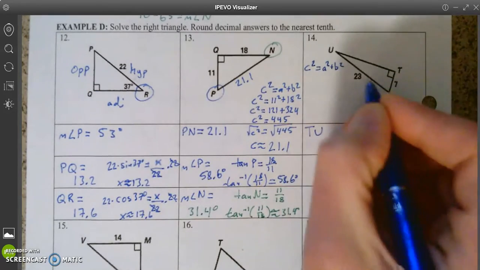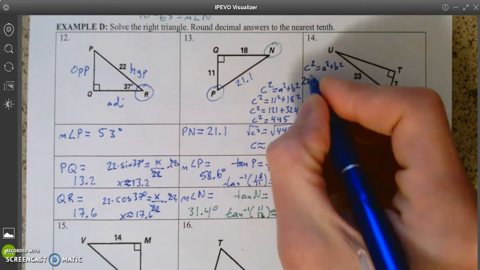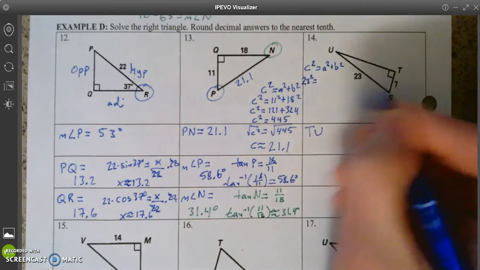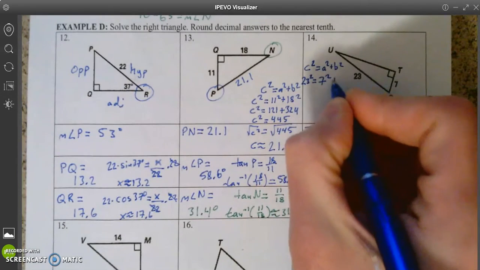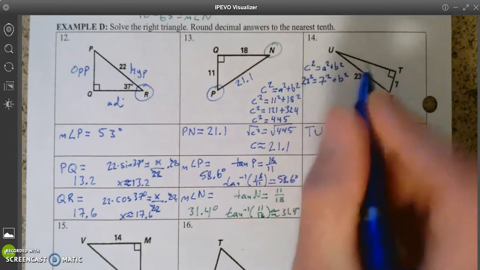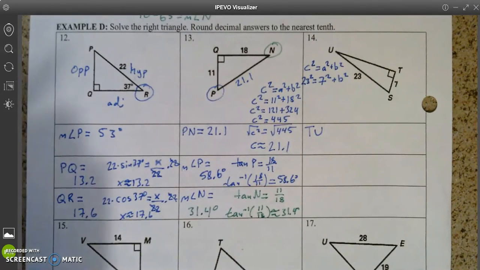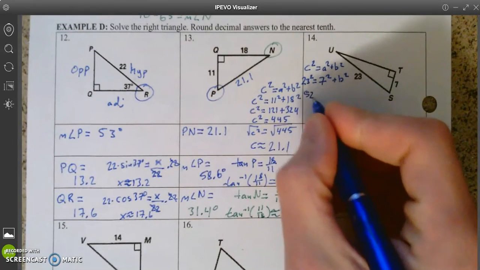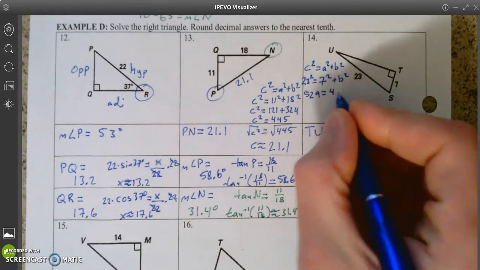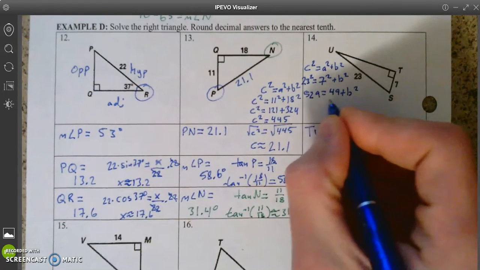So c squared in this case, that's 23. So 23 squared equals a squared, we'll call that 7, and then b squared is what we're trying to find out. So 23 squared is 529. 7 squared is 49 plus b squared.